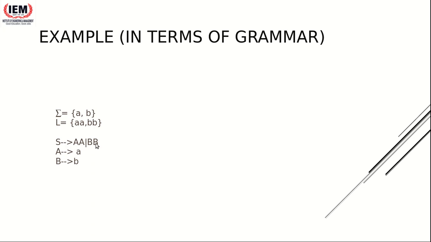Again S tends to capital B. Capital B contains the value small b. So S tends to small b. So S tends to both small a and small b, which are part of my language and which actually signifies that my grammar is correct, or this is the corresponding grammar for this language.